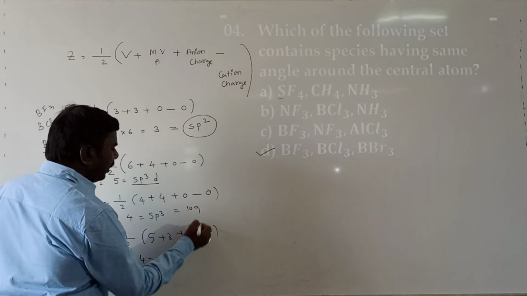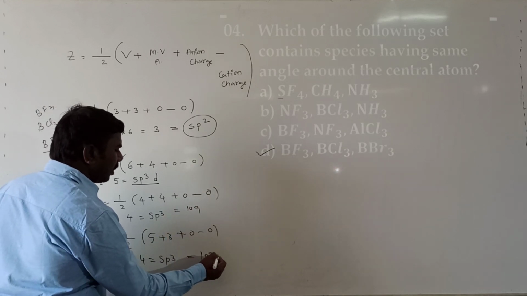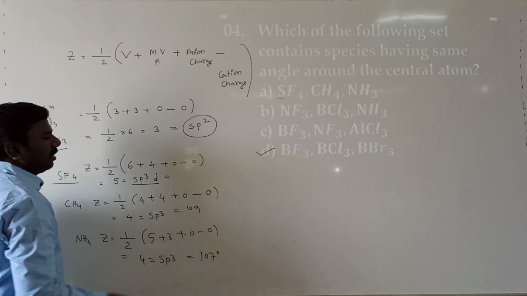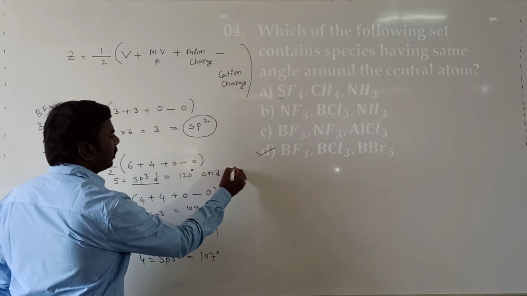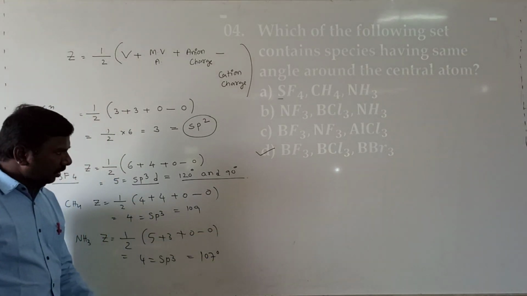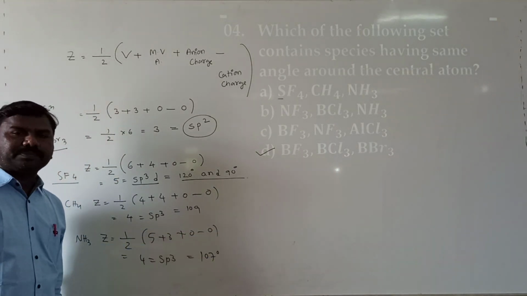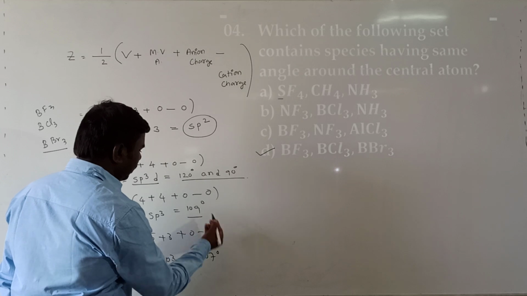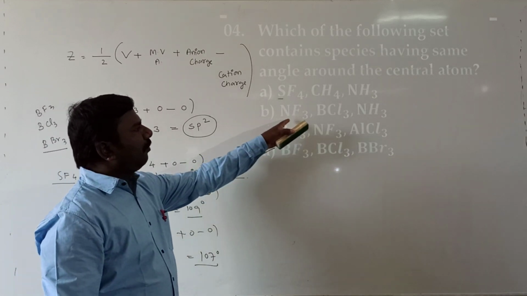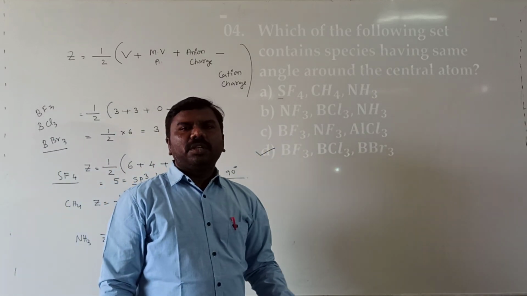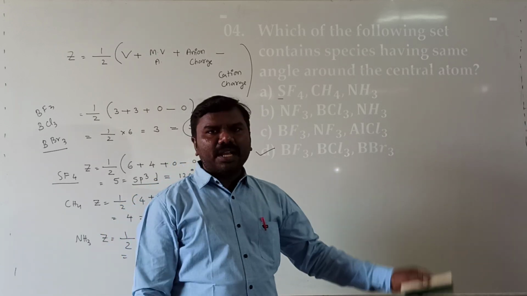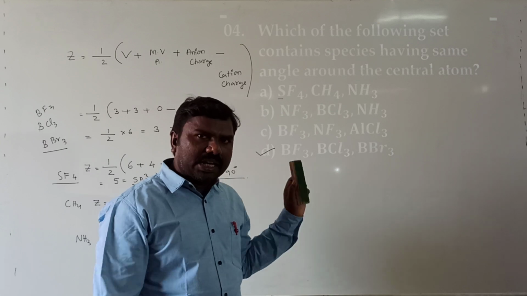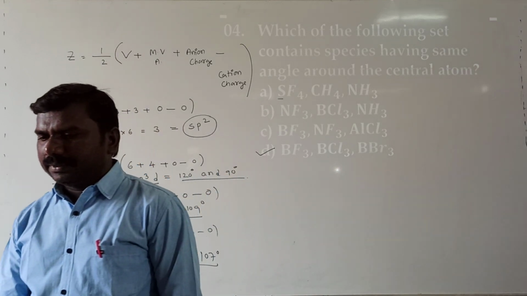Here 109, here 107 degrees, in this one 120 and 90 degrees. Clear? Angles will be different. If you verify the remaining options also, you will get different bond angles. But the bond angle is the same in the last option. Option D is correct. Next.